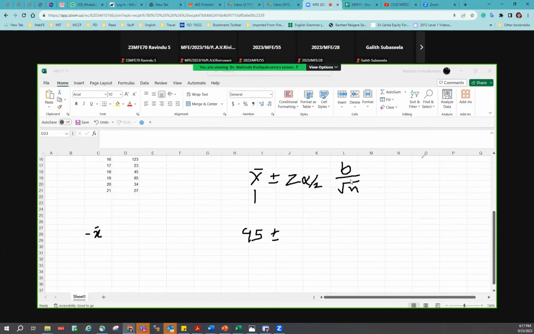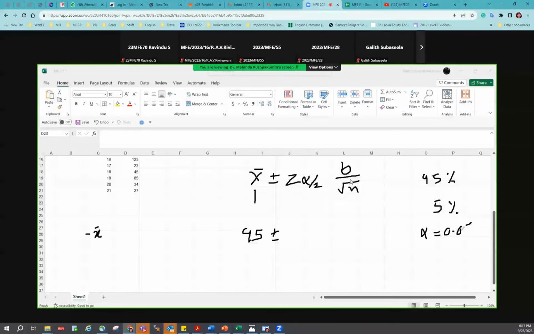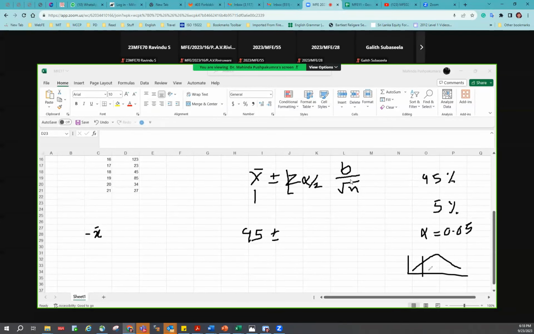If the confidence level is 95%, then the level of significance is 5%, then the alpha value is 0.05. Then what is this value? As I explained earlier, from the table, this value is 1.96 minus and 1.96 plus. Then you can take 1.96 plus or minus here.